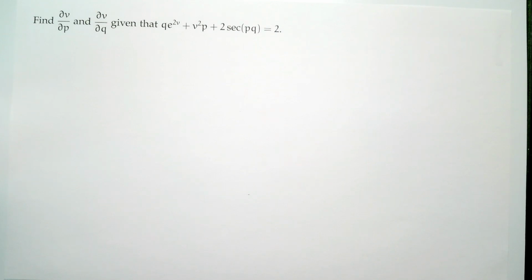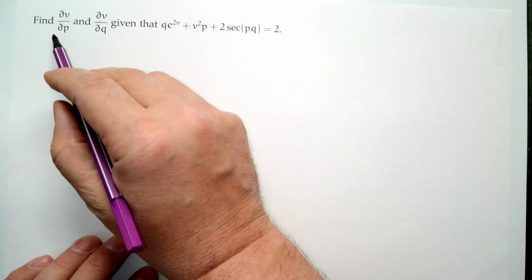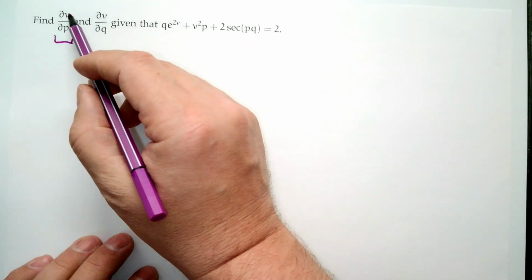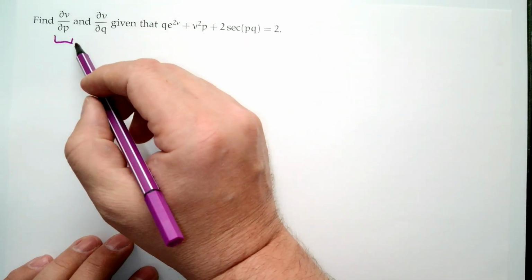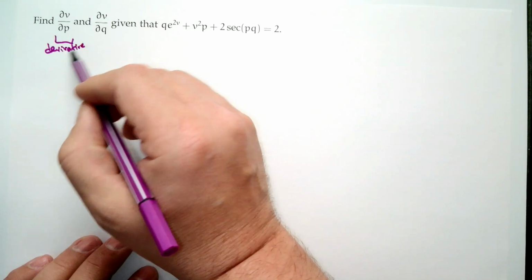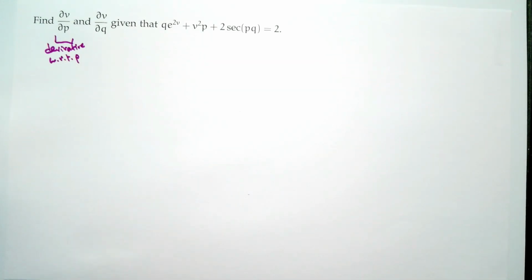Now, one thing that we can see is we can actually read off a lot of things that are going on here by just the notation. So, for example, partial v partial p says I want to see how does v change as p changes. So this is a derivative with respect to p.